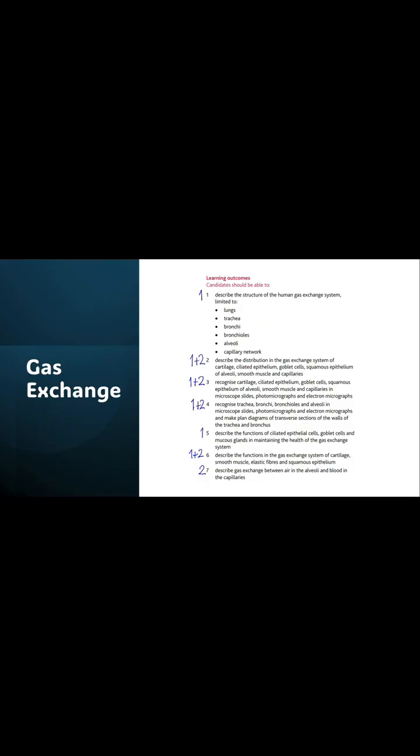So as you can see, part 2 is mainly filling in the gaps with a focus on the alveoli and the gas exchange. We're going to be going deeper into the gas exchange system. In the first video, we focused primarily on the trachea, because that is the windpipe, as you may know it, or the initial entranceway for our air when we breathe in.